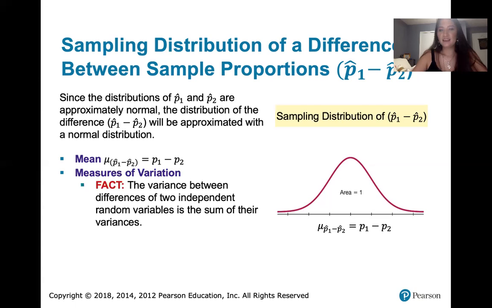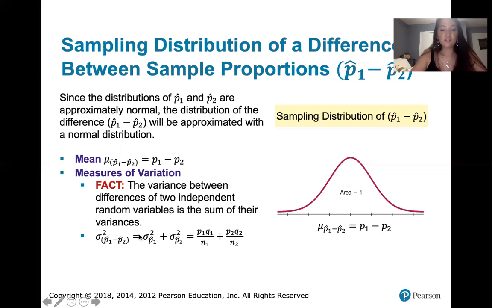And we're assuming that p̂1 and p̂2 are independent in the sense that those samples are independent from each other. This is saying that the variance of this distribution of p̂1 minus p̂2 is equal to the sum of the variance for the first population and the variance for the second population. So that's that in symbolic form.